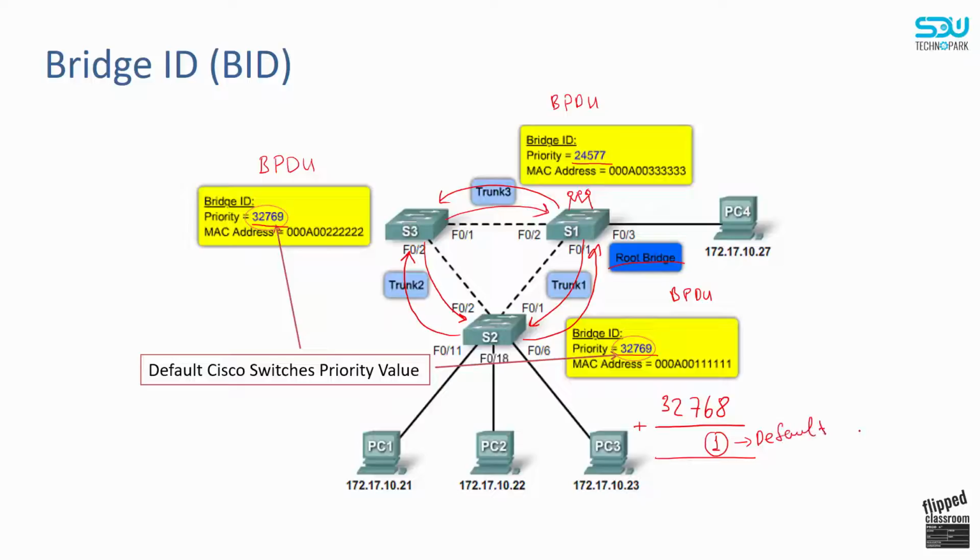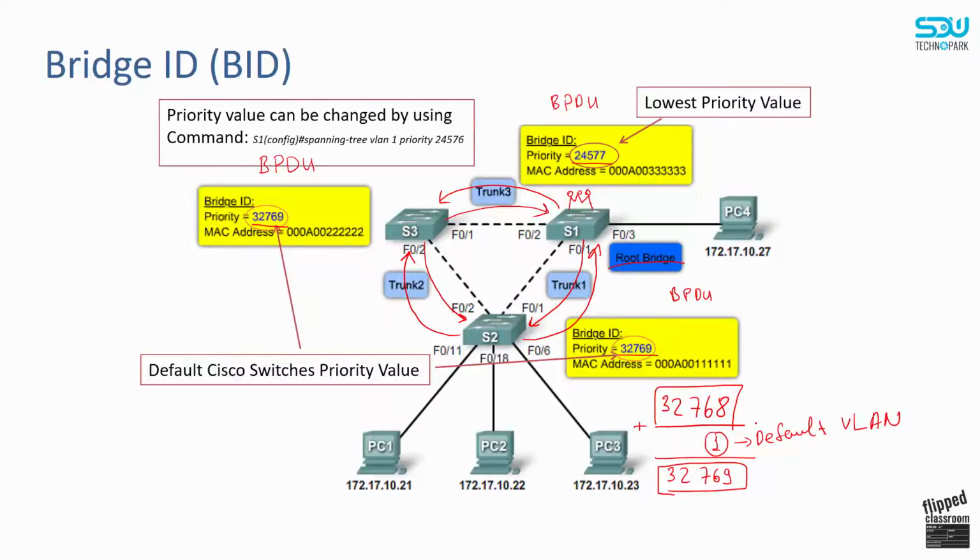All of the switches by default are working on VLAN 1, and that is why we have as a result 32,769 as the default value of our priority of the BID. But in fact, the priority value is 32,768 plus its default VLAN value. And the lowest priority gives switch 1 the ability to become the root bridge.